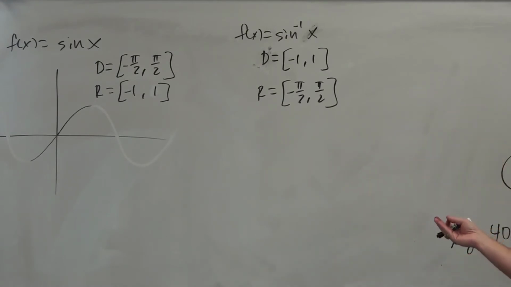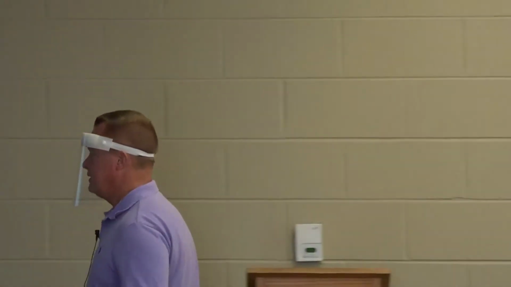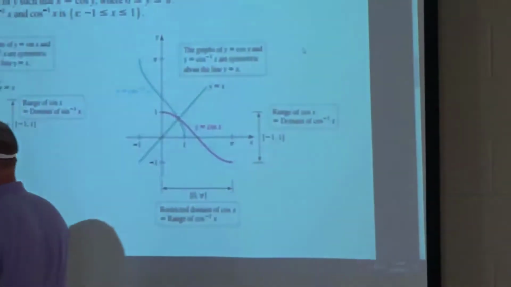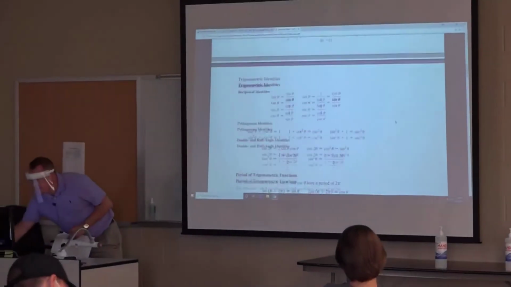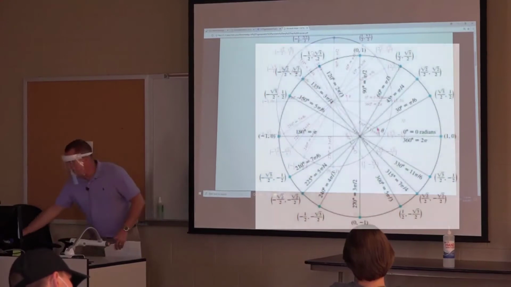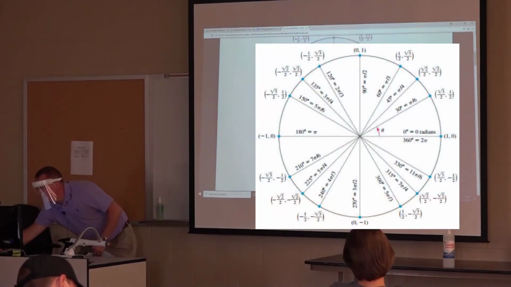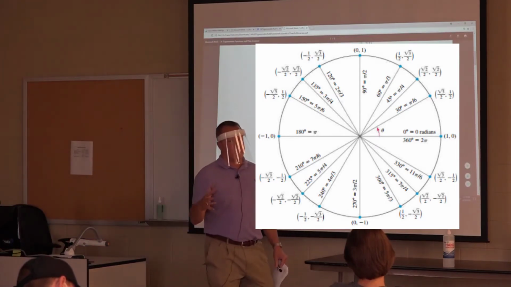So what if I put in a number? Let's go back to a unit circle. All right, there's the unit circle. Say I want to take the inverse sine of 1/2.